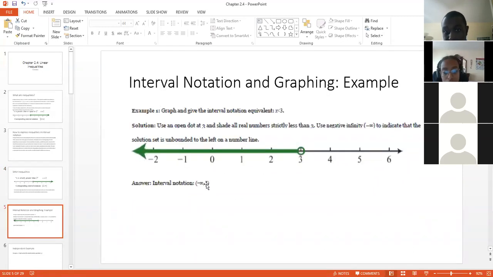But here, 3 is the upper bound because it's the rightmost number. So we add 3 here. It's not included, so there's a parentheses. And because it's going forever in the left direction, we put a negative infinity instead of a positive infinity. So negative infinity, parentheses, comma, 3, parentheses. 3 is not included, and negative infinity is not a real number, so it's not included.